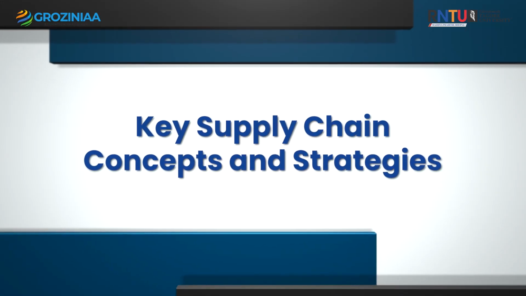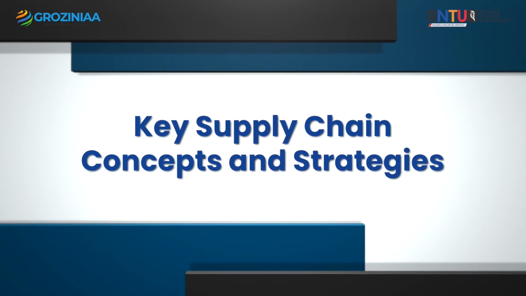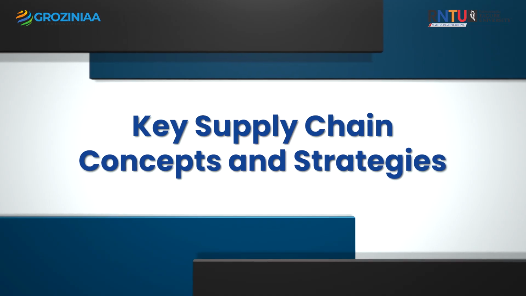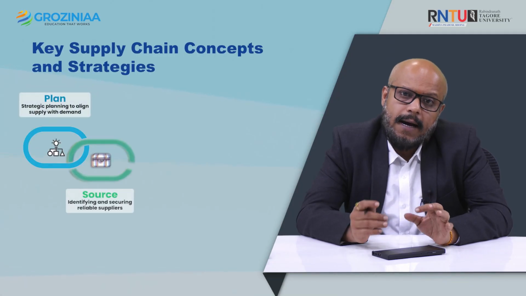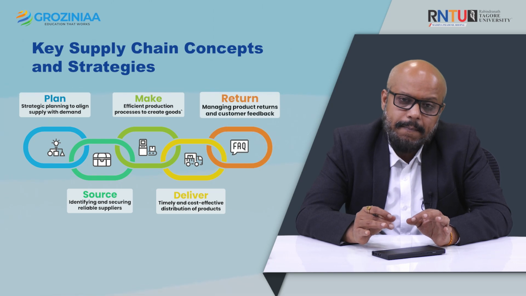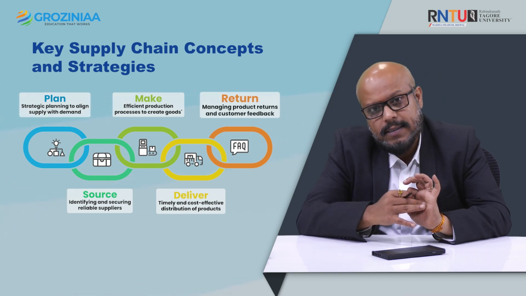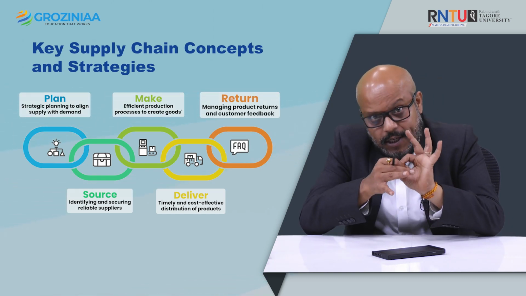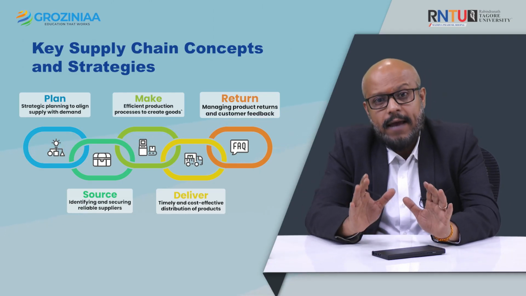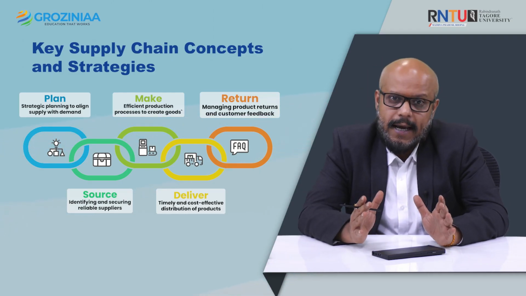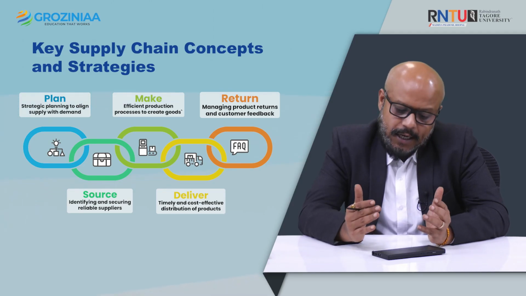Now let's move forward to the next part, and that is key supply chain components. If you are able to see, all the concepts are appearing as chains. I will tell you why it is appearing as a chain and what is the importance of the chain over here.